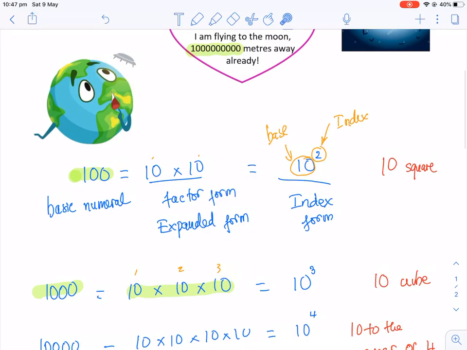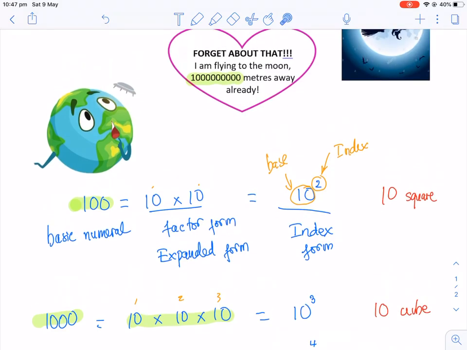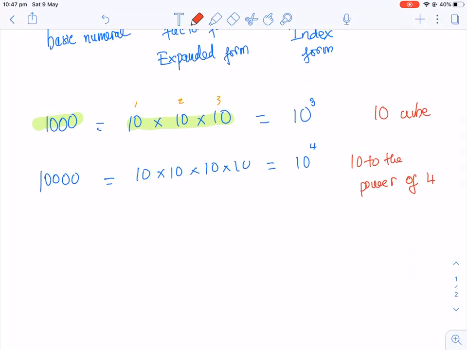So how about the distance that Winston has been? It is 9 zeros. So you write that down. This one is the basic numeral form. And the expanded form is way too long, but it's just 10 times 10 times 10 times 10, 9 times.